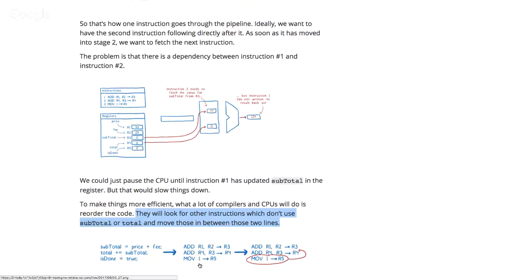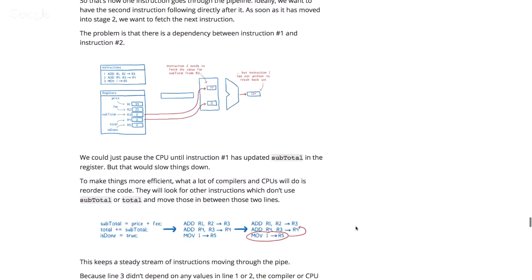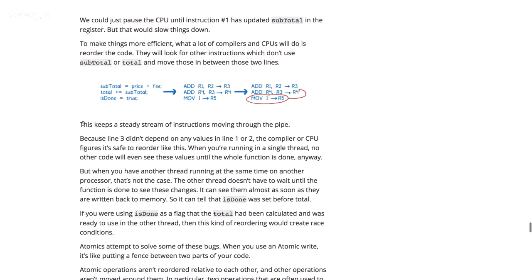In this case, is done has nothing to do with subtotal and total. So if we move is done to the second line, because there are no dependencies, the compiler or CPU can run the second instruction. So that way the CPU is kept busy. I mean, it's optimally utilized. So this keeps a steady stream of instructions moving through the pipeline.